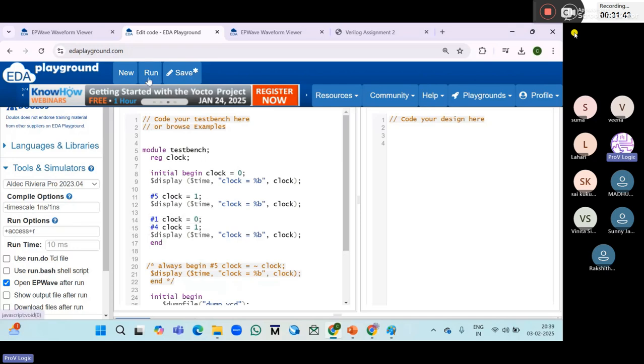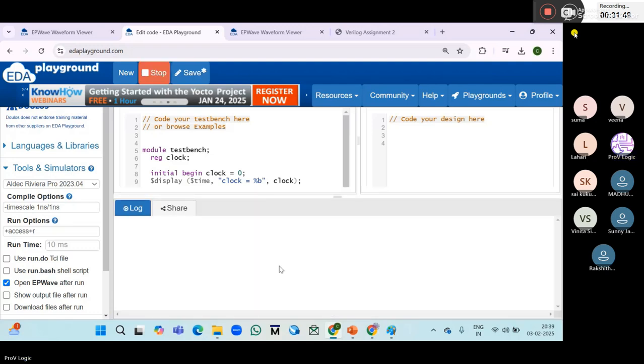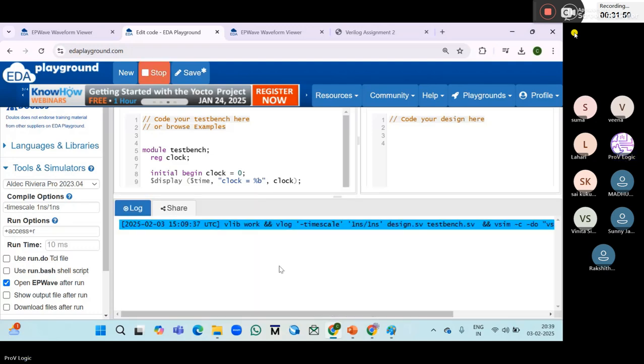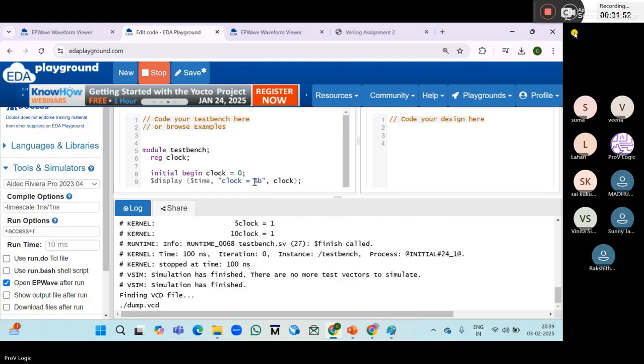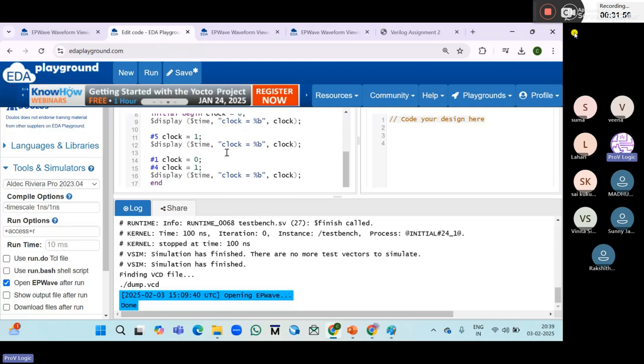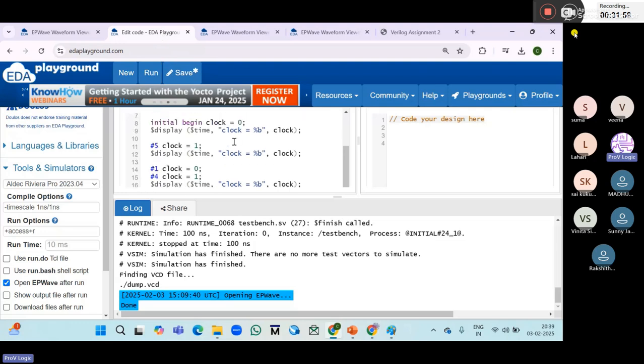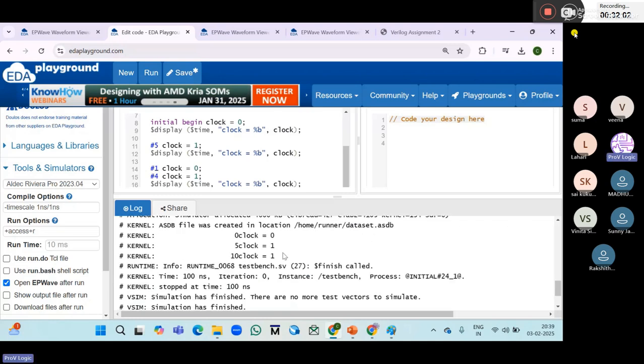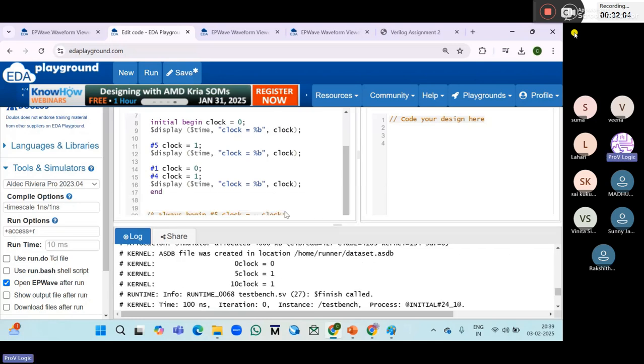Run and check the output. See, 0, 1, 1. Only three statements are printed. If I put this same dollar display statement after this 0 also, then this 0 also will be printed.